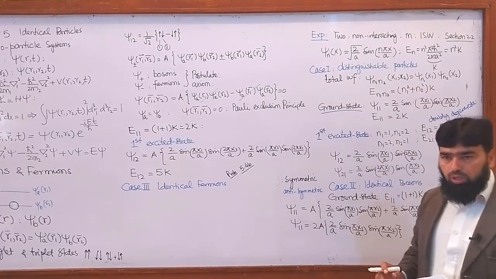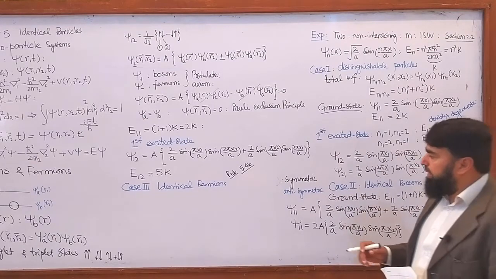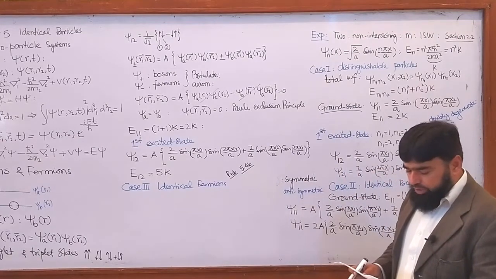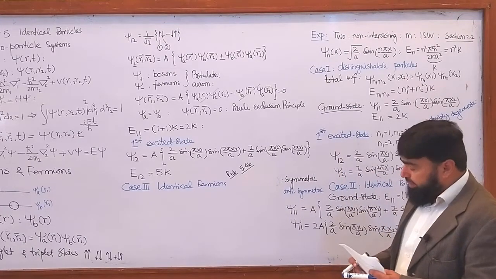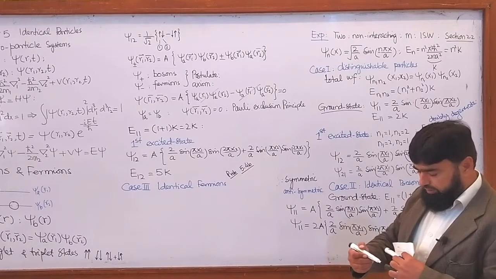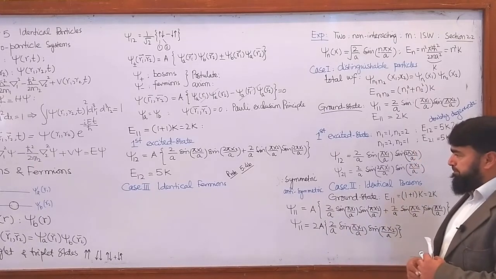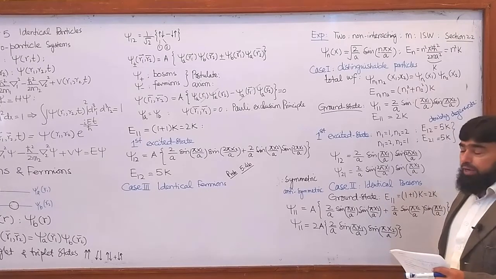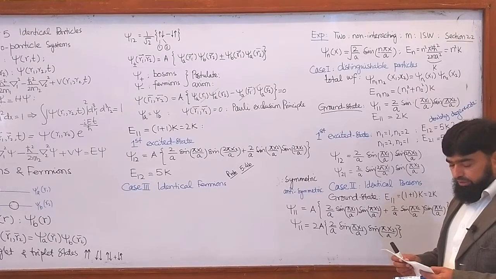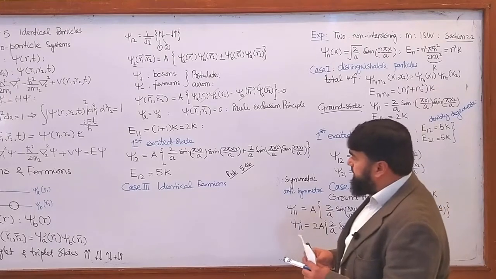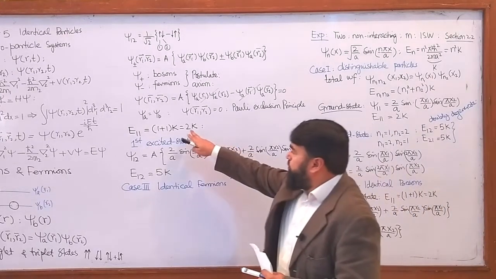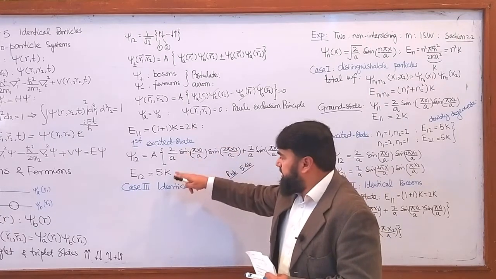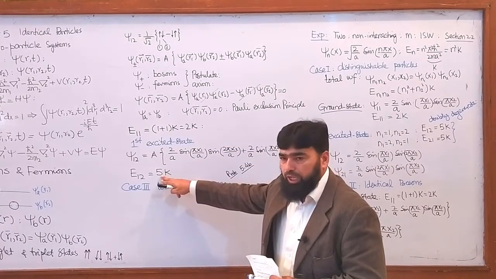I am solving the B part, which is the identical fermions. And the very first thing is that I will have to write the state with energy 2K, right? This is the first excited state with energy 5K.